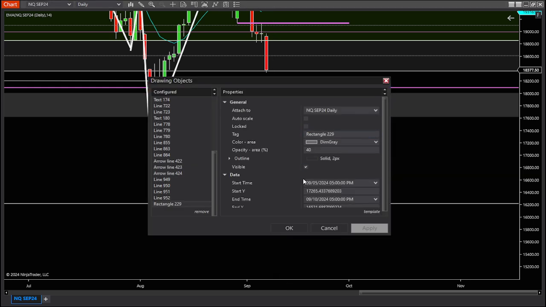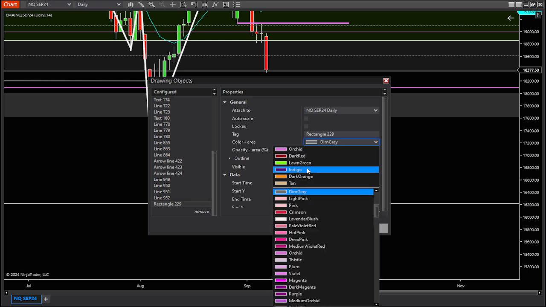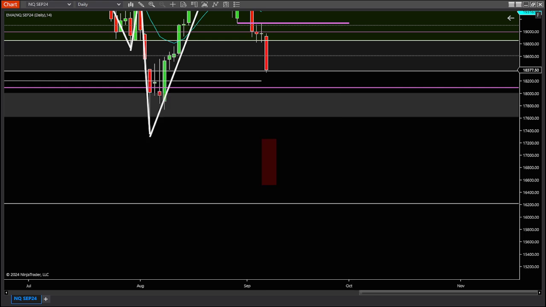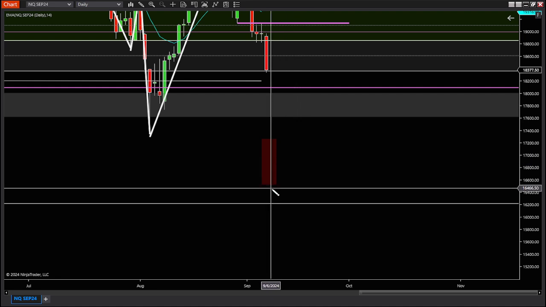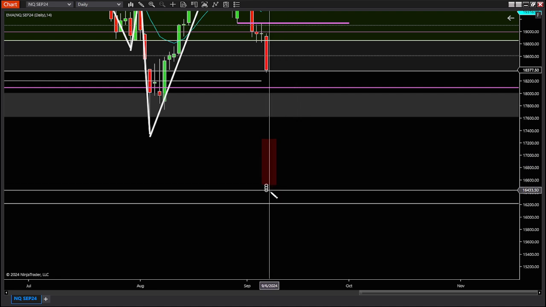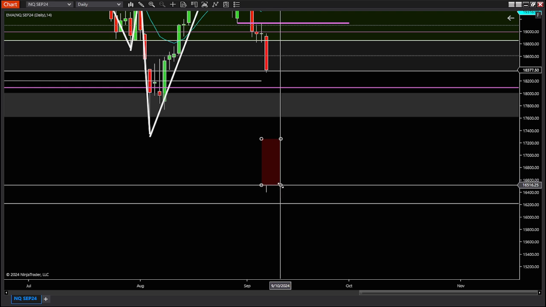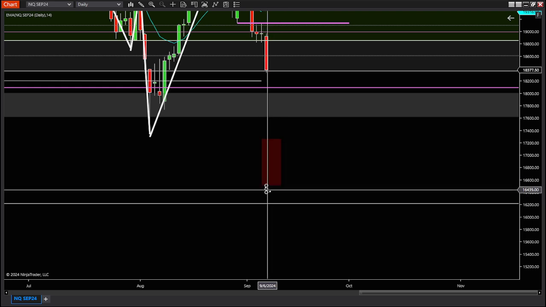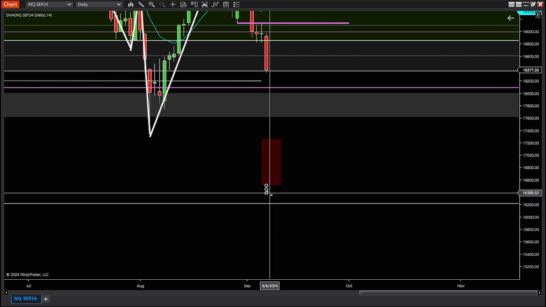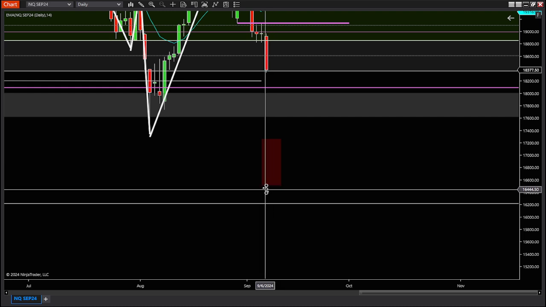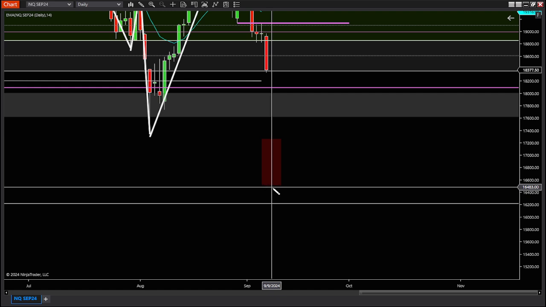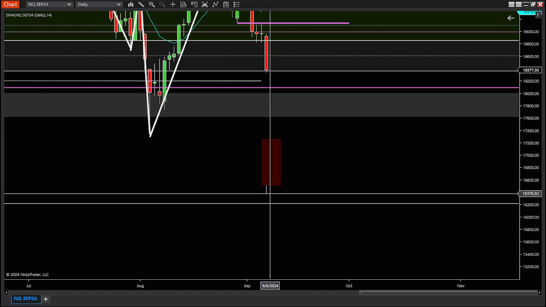If you have a red candle like this with a tiny little wick coming off the bottom, is this a strong close, right?